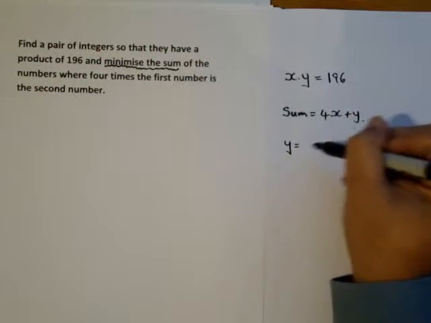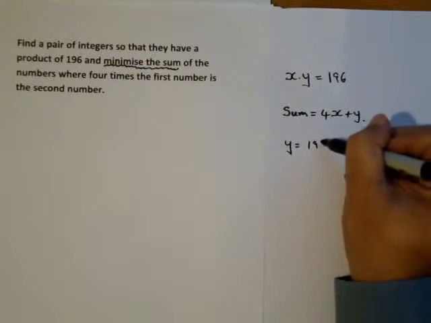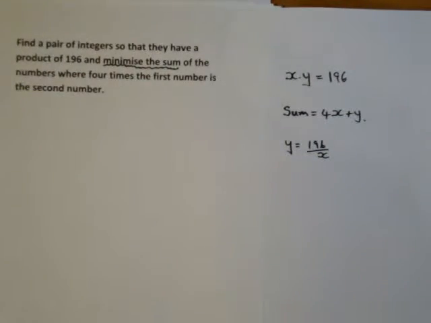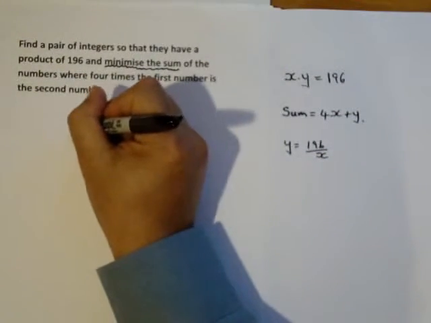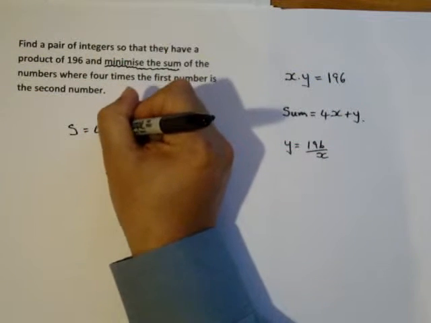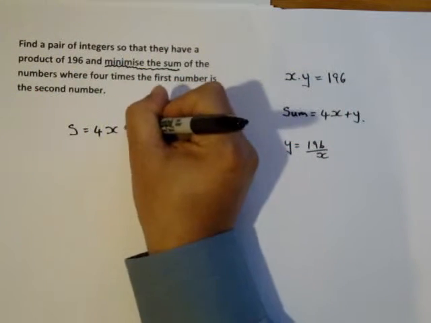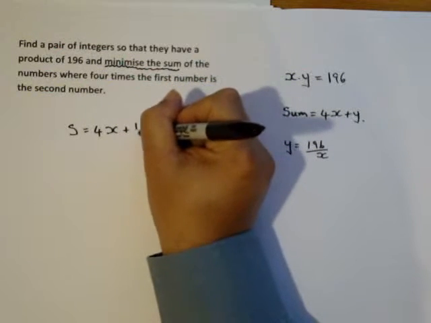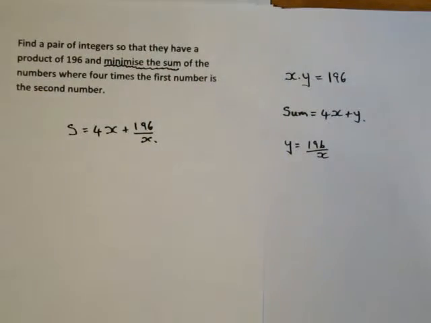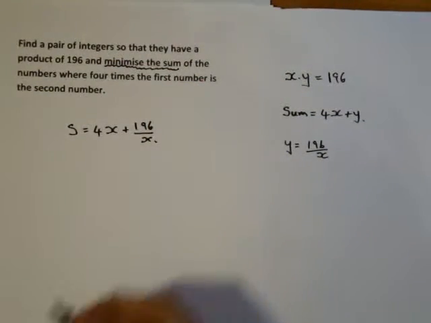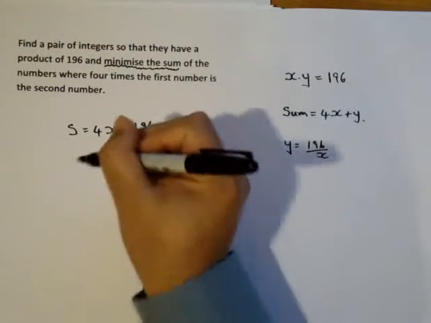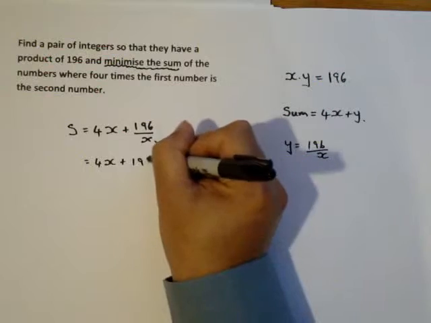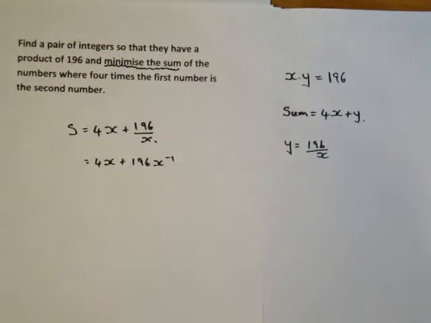So y equals 196 over x. So now the sum is 4x plus 196 over x. If we write this into something we can differentiate, we get 4x plus 196x to the minus 1.